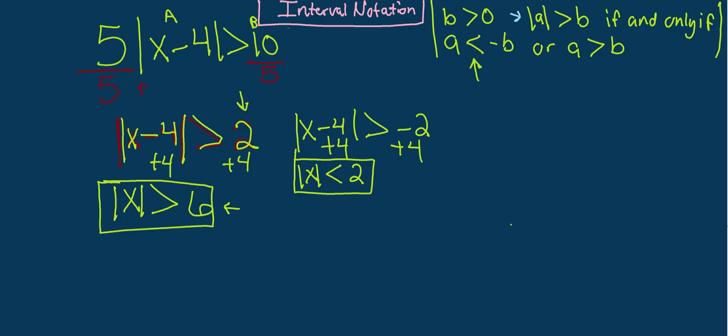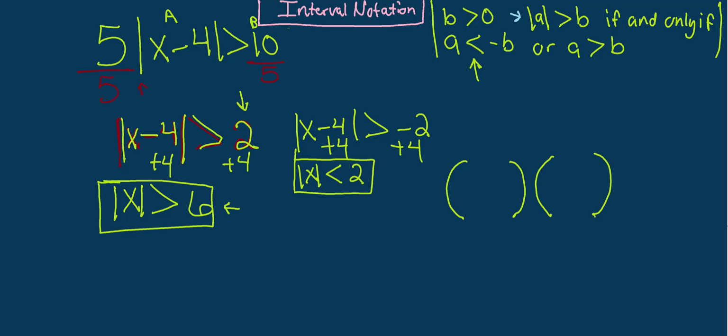So basically, when they ask you to put something in interval notation, they want it in parentheses. Parentheses or brackets. In this case, since there's no equal to, it's only going to be parentheses. If it had a line under it, it'd be equal to, and brackets would be involved.